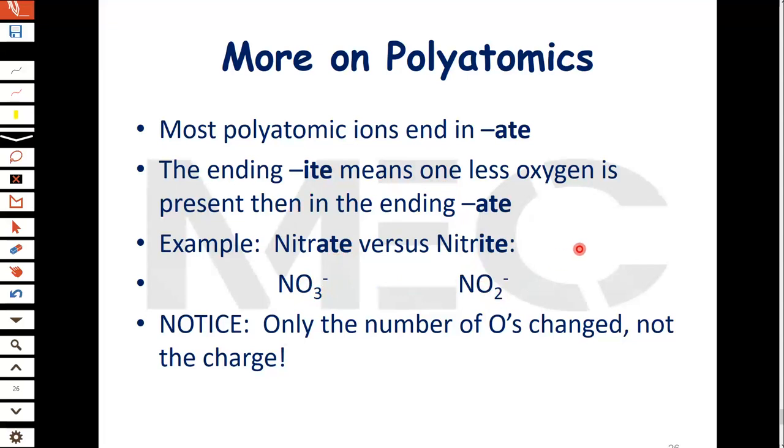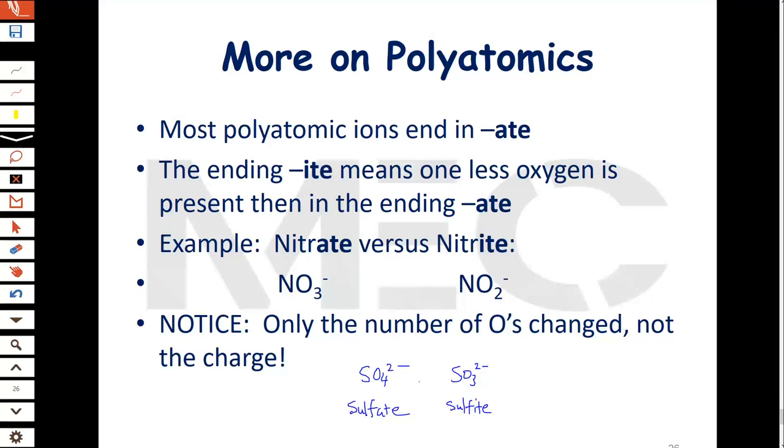To name one more example, SO4 2 minus is sulfate, and SO3 2 minus, the charge doesn't change. The charge is -2 and -2. Here the charge is -1, here is -1 again. Okay, this is called sulfite.